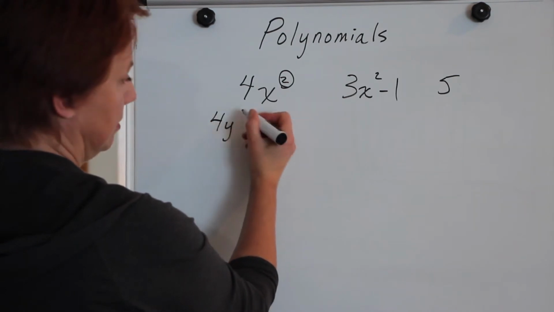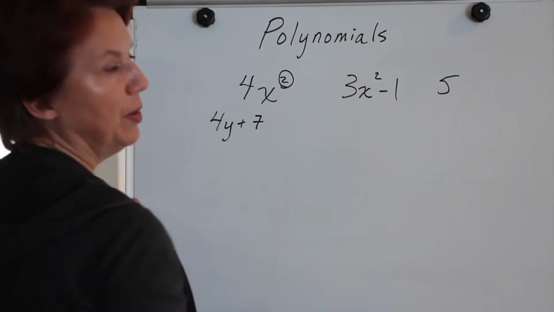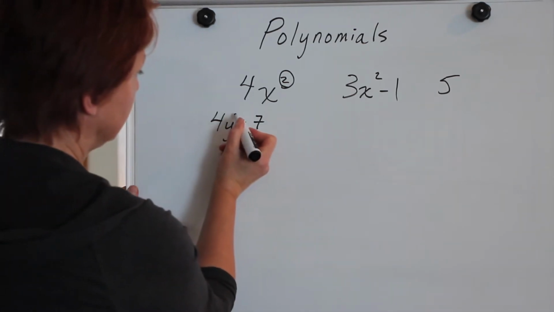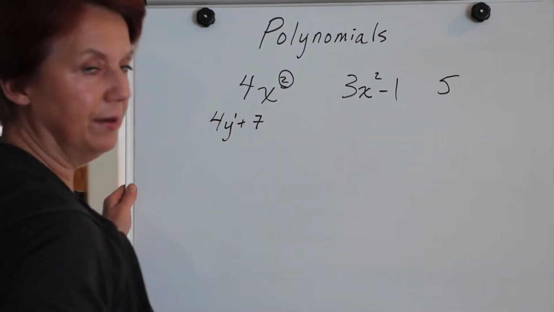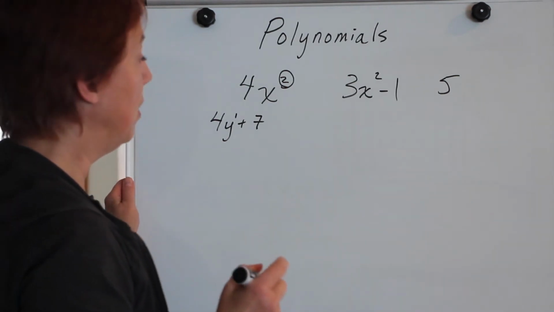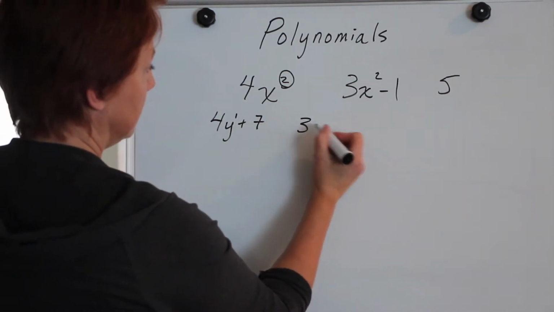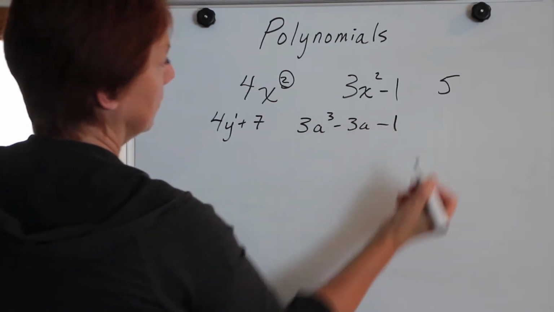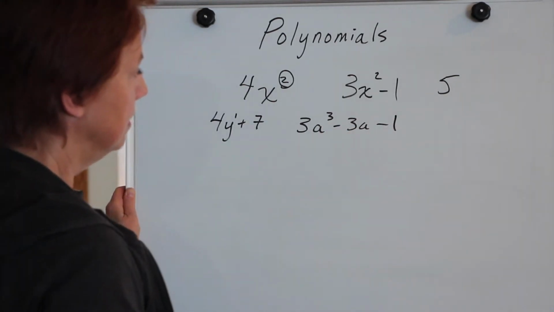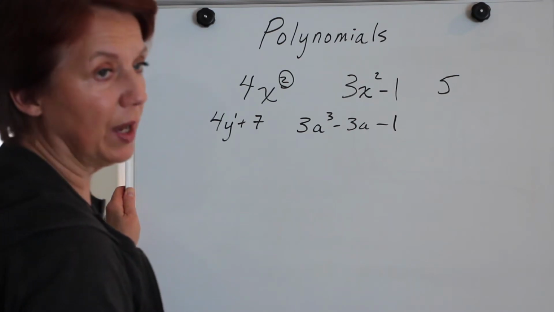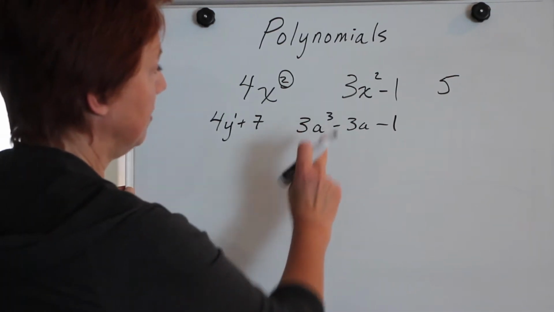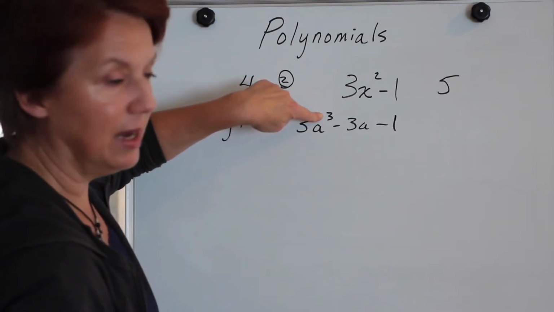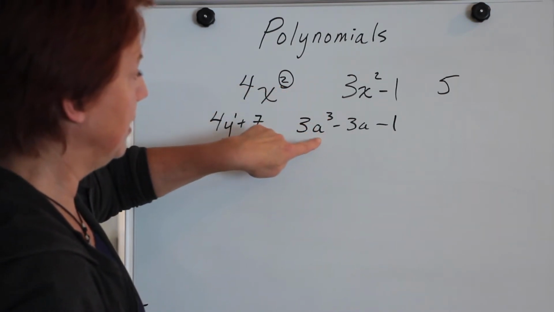Well, this is a polynomial. It's degree 1. And the reason it's degree 1 is because we've got an invisible 1, the exponent on that y. This one here is a cubic, okay? It's degree 3 because 3 is the highest power, the highest exponent on those variables.